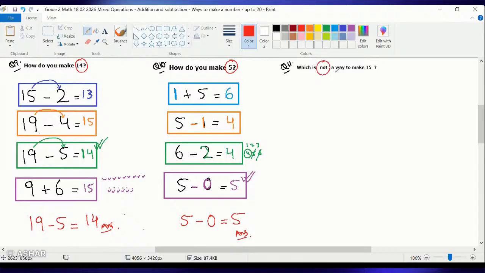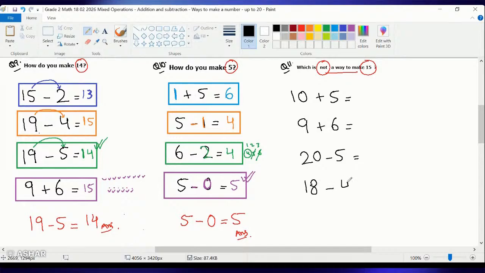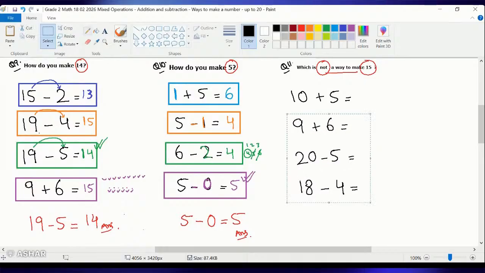Okay, so if I write 10 plus 5, 9 plus 6, 20 minus 5, and 18 minus 4. Out of these ways, which way is not the way to make a 15?